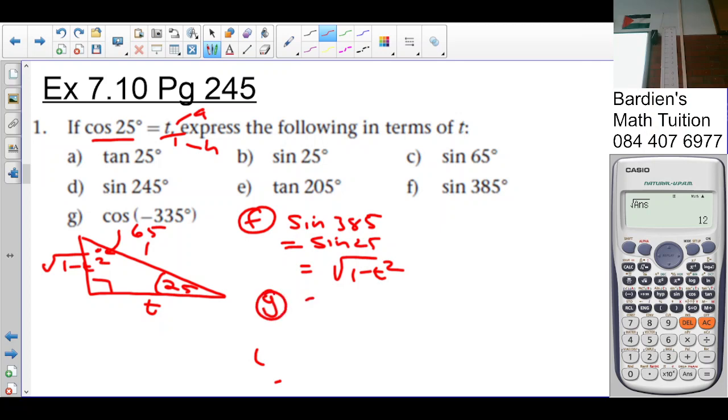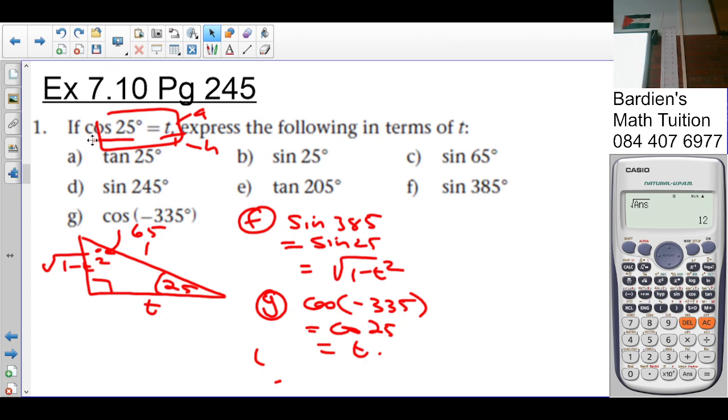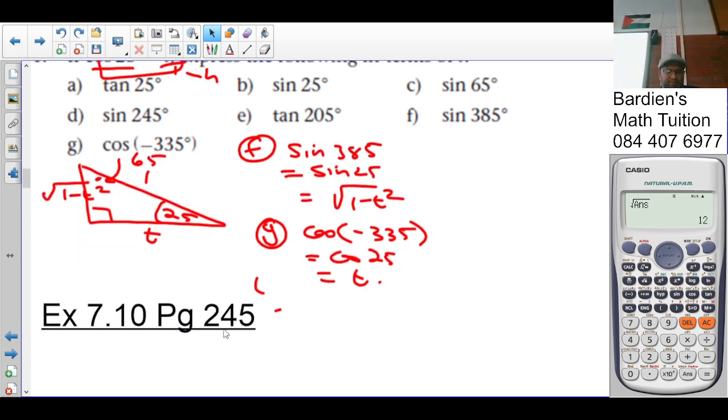G, cos of negative 335. Negative angle, so what do we do? Add 360. So it gives you cos of 25. Cos of 25, we know it's going to be t. That comes from here. Okay. Any problems there, people? No?